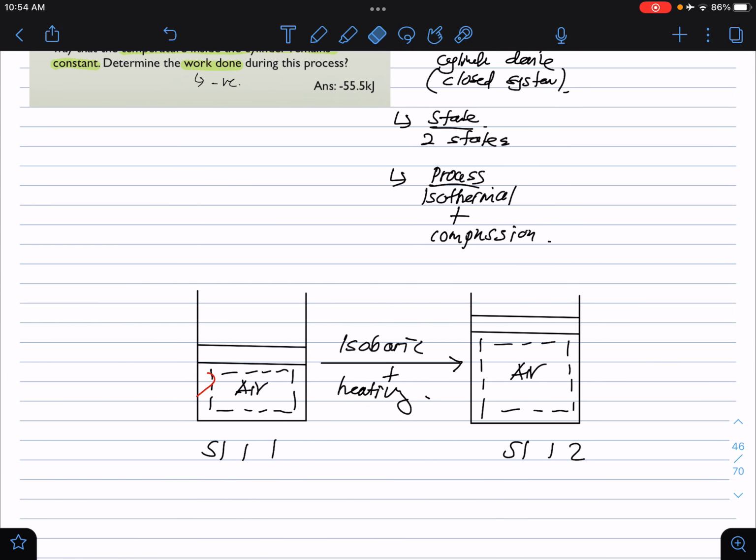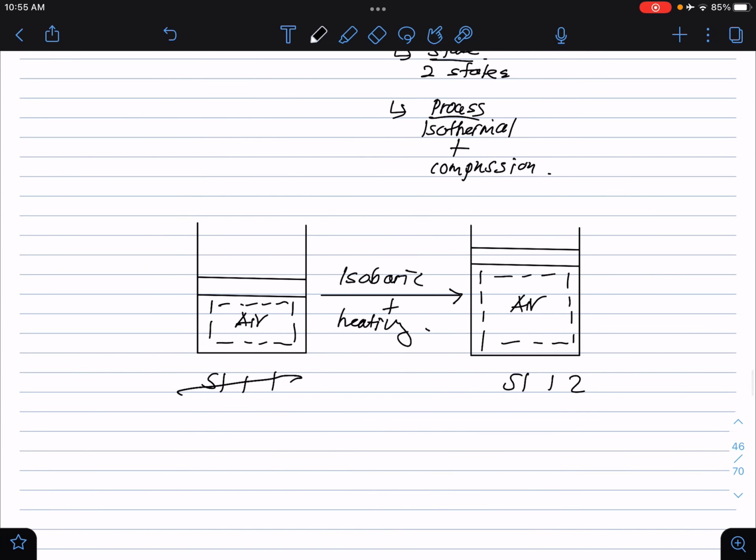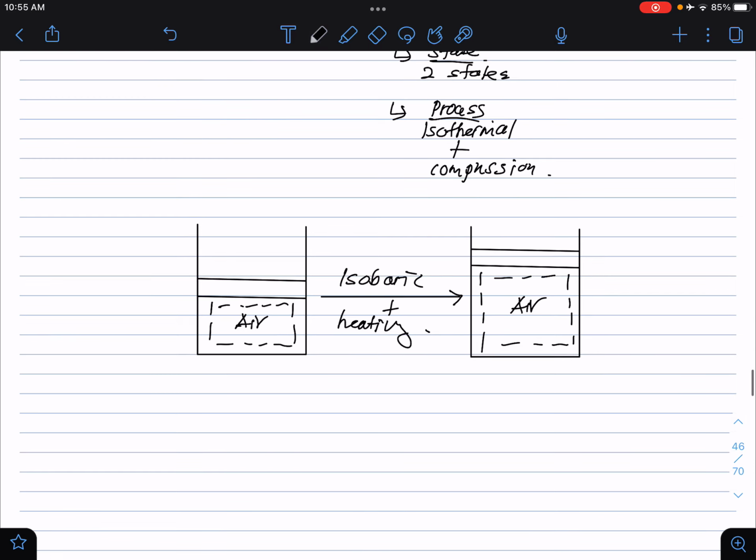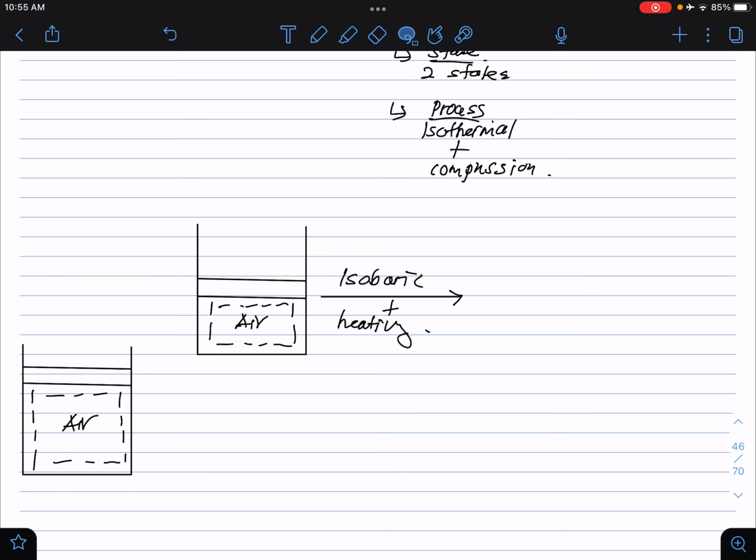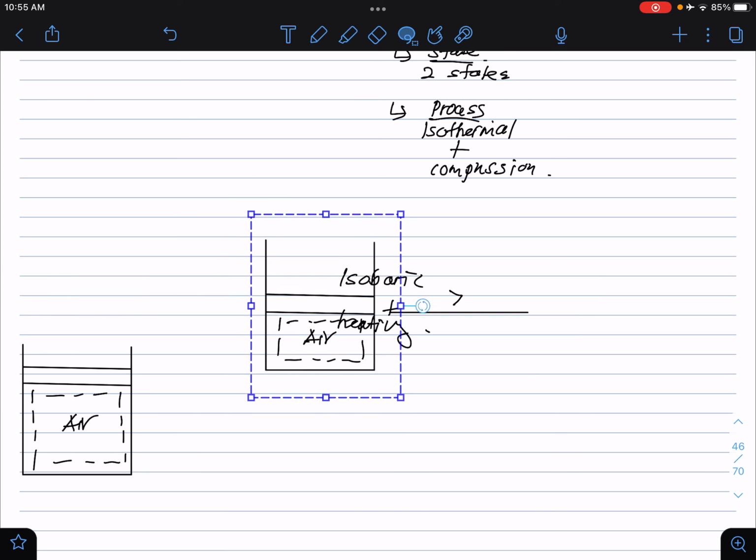So no heating here, no heating here. This is still air, but I think the volume will be reduced due to the compression, so I will change the position. Oops, sorry.